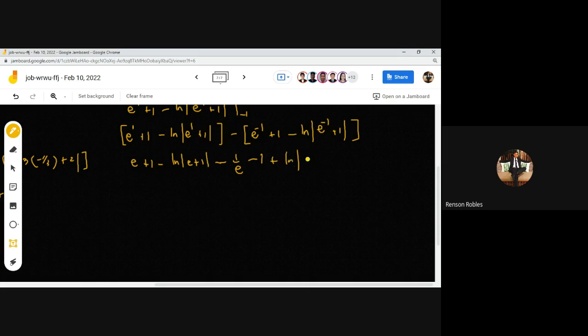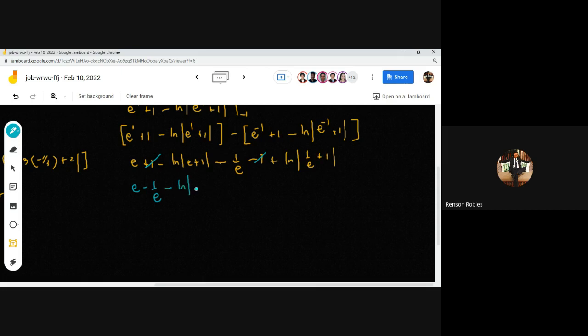Then simplify this, 1 over e plus 1. Okay, and then I can combine positive 1, negative 1, that gives you 0. And then I can combine these two. You have e minus 1 over e, and then this is to be combined here. Okay, let me just simplify this part.